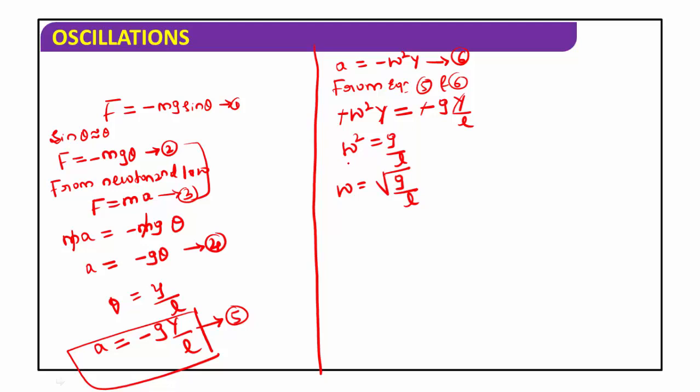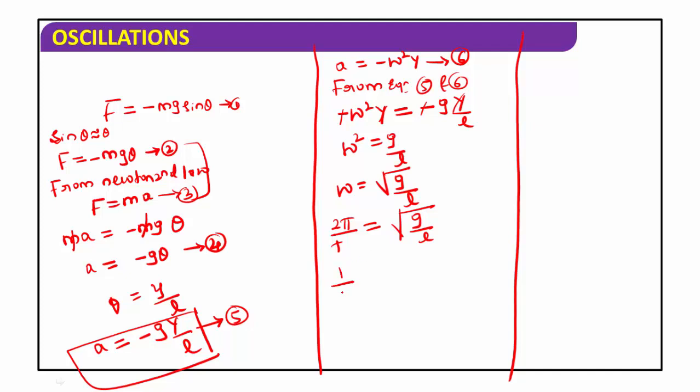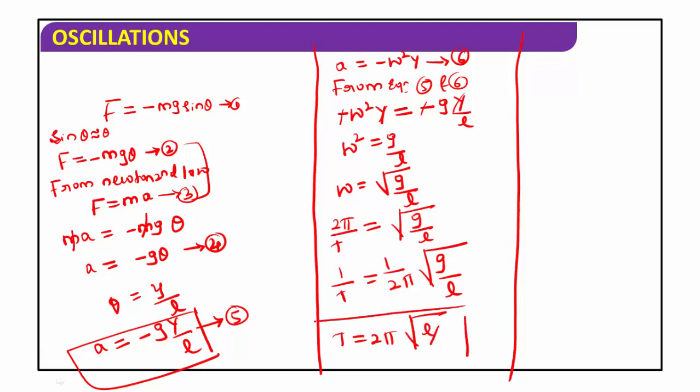Omega is equal to root of g divided by L, and omega is equal to 2 pi divided by T, angular displacement divided by time period. So 2 pi divided by T is equal to root of g divided by L, or 1 by T is equal to 1 divided by 2 pi root of g divided by L. Then time period T is equal to 2 pi root of L divided by g.